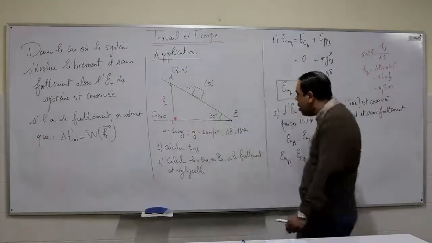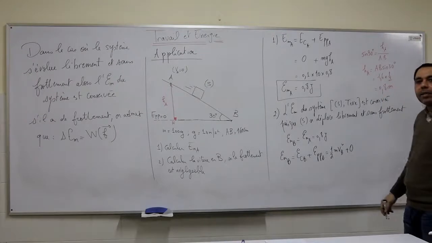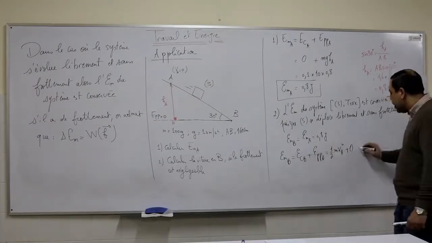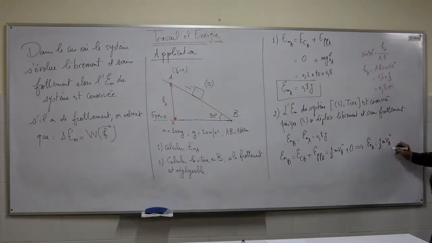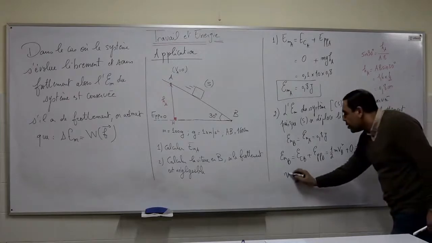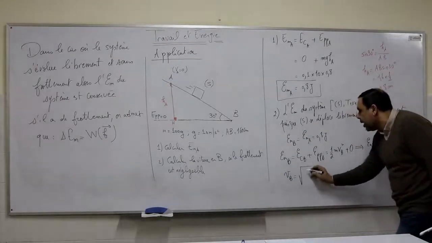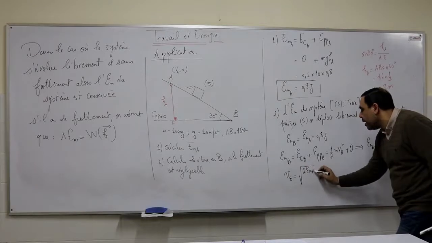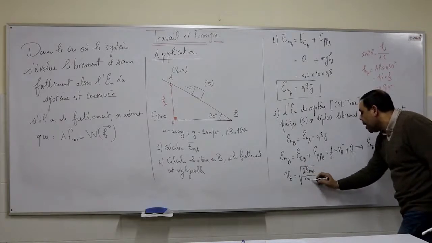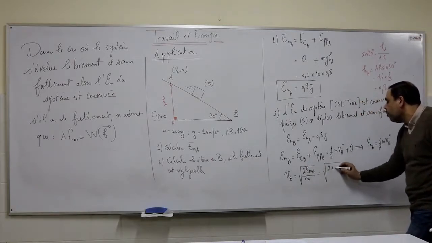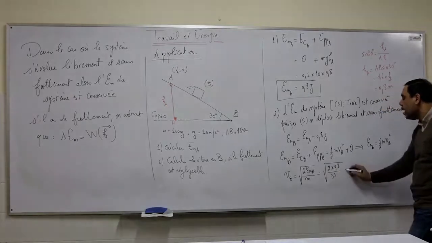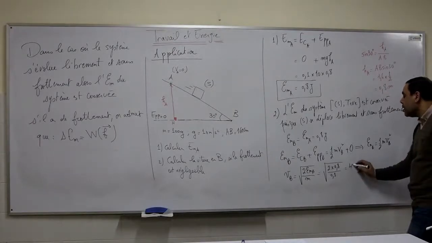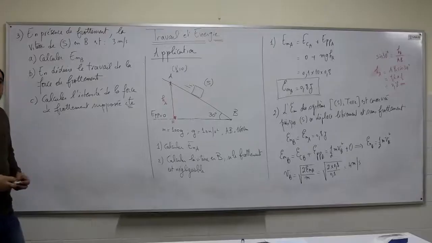B is on the reference level, so the gravitational potential energy at B is 0. As a result, the mechanical energy at B is half mvb squared. Then the speed at B is radical 2 times the mechanical energy over the mass, radical 2 times 0.8 over 0.1. The speed is 4 meters per second.